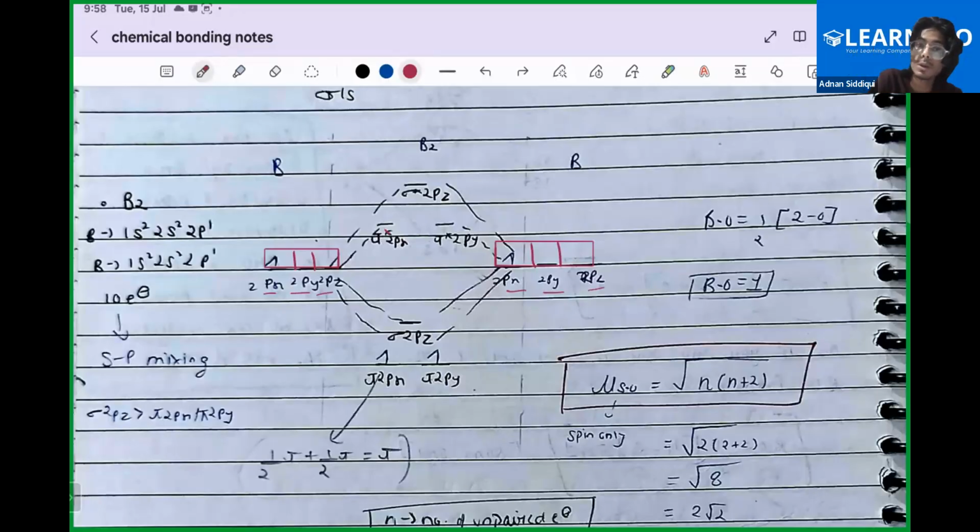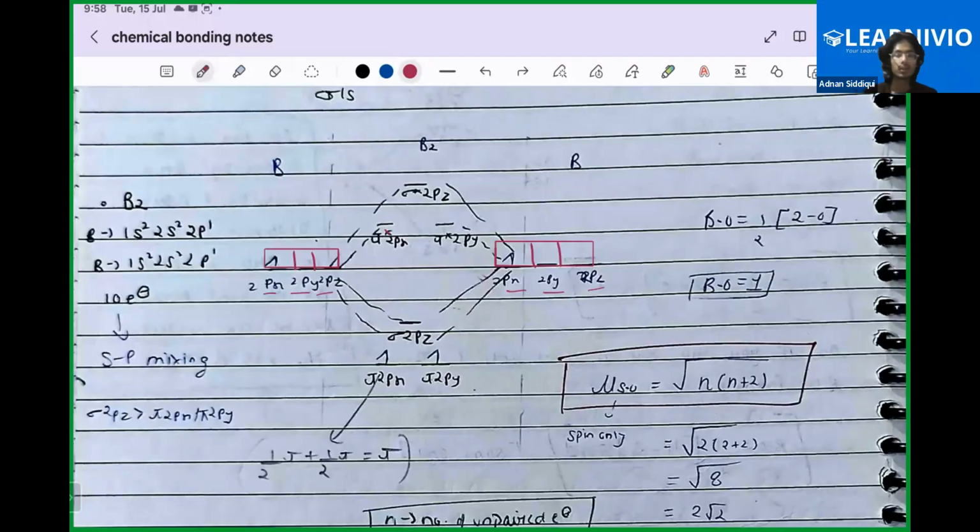Which molecular orbitals are having electrons? Pi 2px and pi 2py. Those are HOMO then. They are two different orbitals, but they have the same energy, on the same energy level. So there could be more than one HOMO. It will depend on the cases.